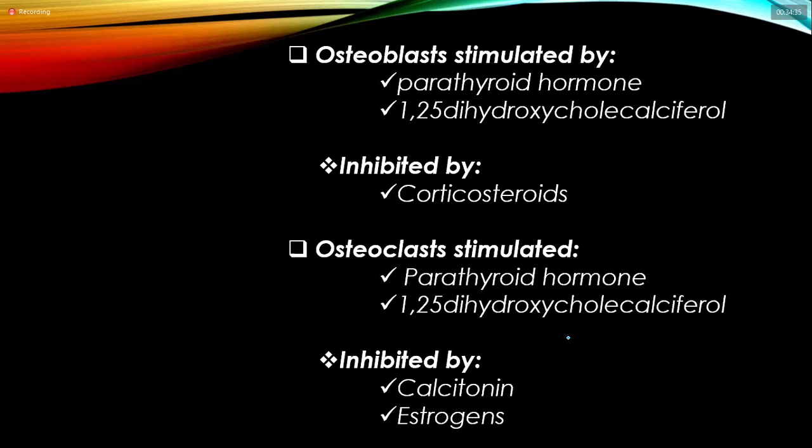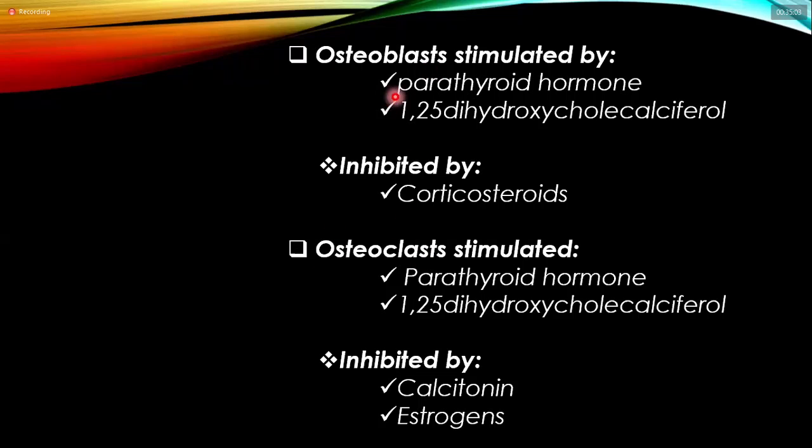Now, since the osteoblasts and osteoclasts are responsible for the formation and resorption of the bone, they have to be organized. We have to have an organization or regulation process. And these are the major hormones and factors that can regulate the function of the osteoblasts as well as osteoclasts.